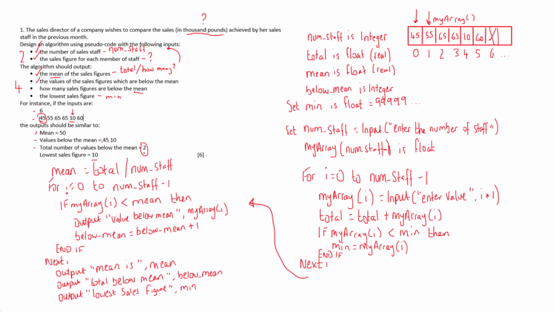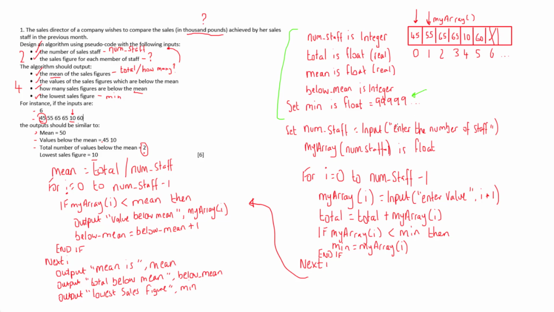So I think now, just going to check these off. So I've done that one. How many sales figures below the mean? Yeah, low sales figure. So what I've done here is I've got my variables. Let me just change the color of my pen while I explain this. So here are all my variable declarations and initializations.